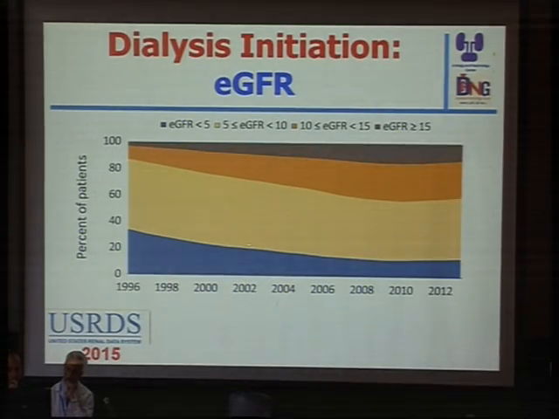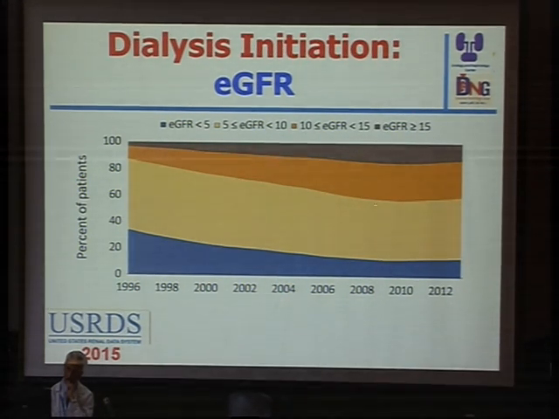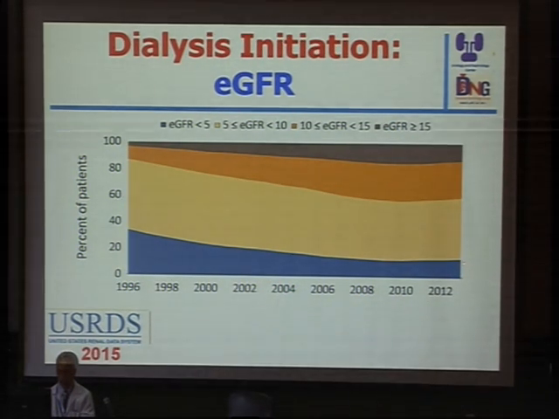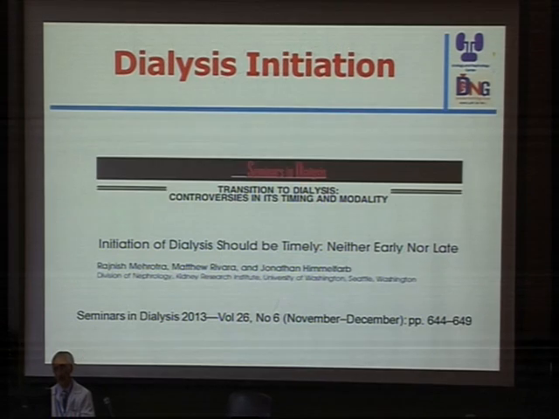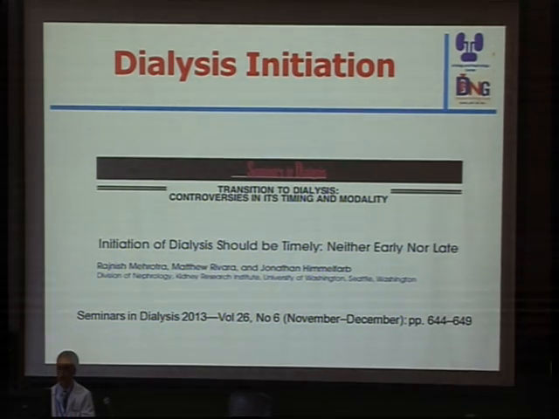Here is the trend in the United States: in the early part, they started dialysis late with a GFR less than 5, and then midway the tendency was to start dialysis earlier, and currently they are thinking of a little later dialysis. Here the answer to whether it is early or late dialysis: it is neither early nor late. It should be on-time dialysis.